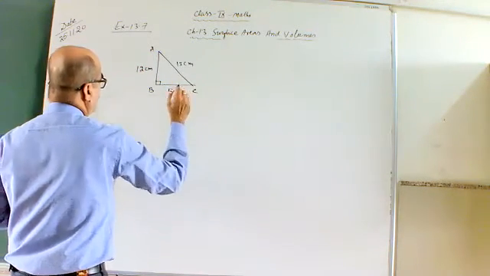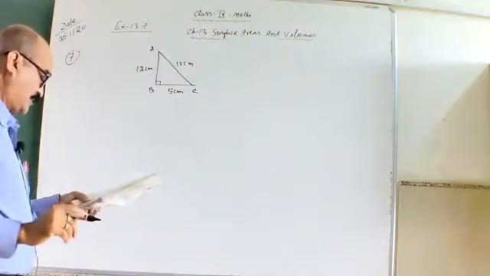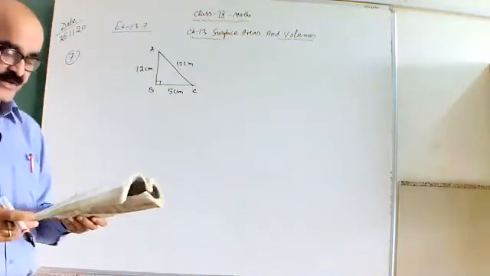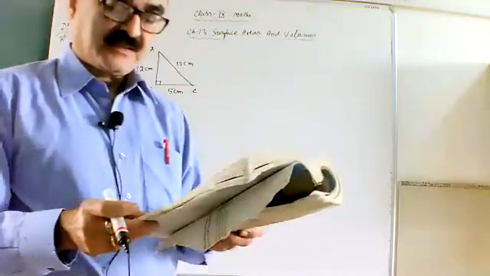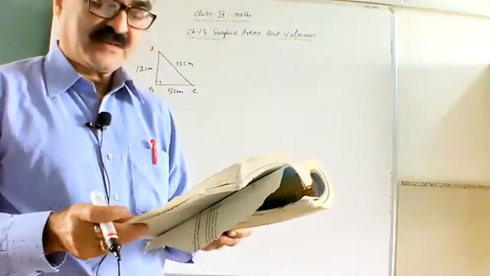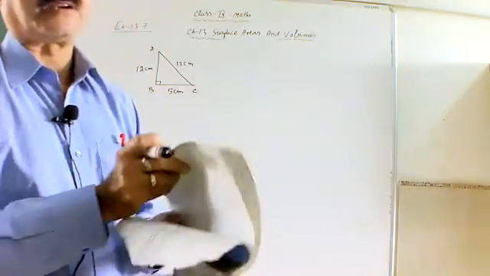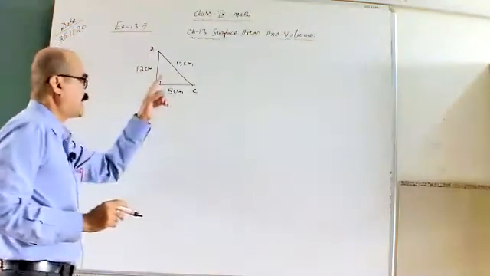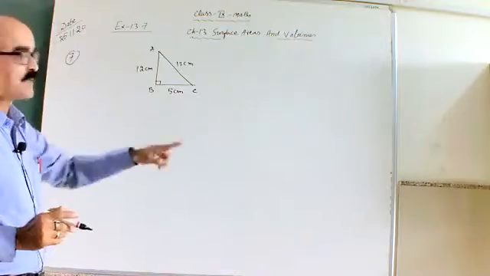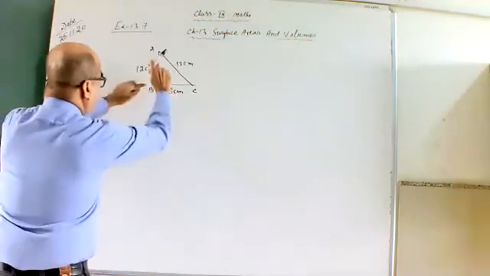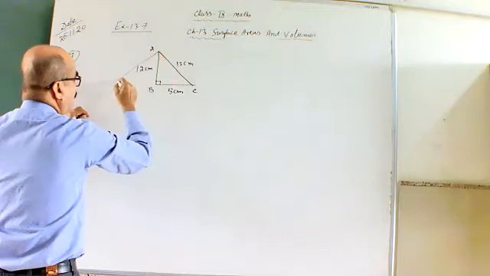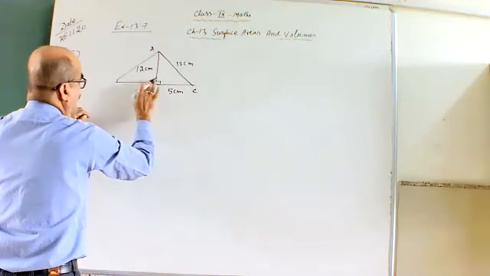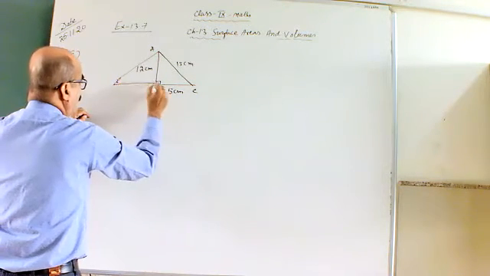It is given that this right angle triangle is revolved about the side 12 centimeter. इस right angle triangle को 12 सेंटीमीटर के about रोटेट करना है. तो 12 सेंटीमीटर constant रहेगा, जब इसको चारों तरफ रोटेट करेंगे तो this will look like this.